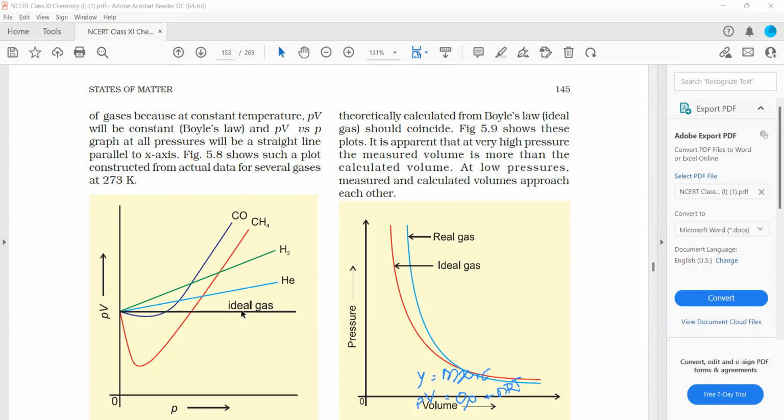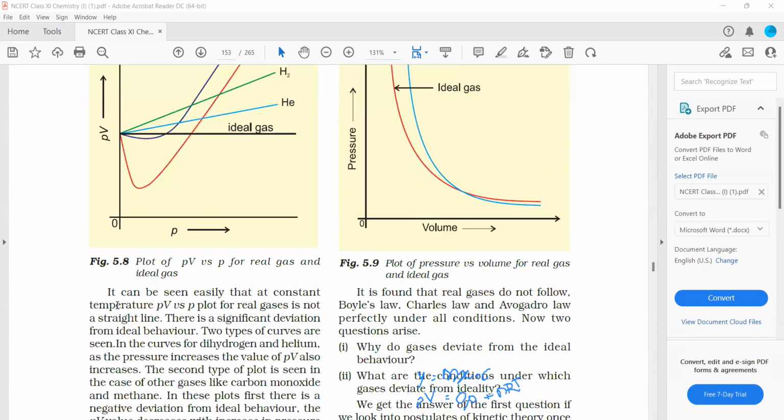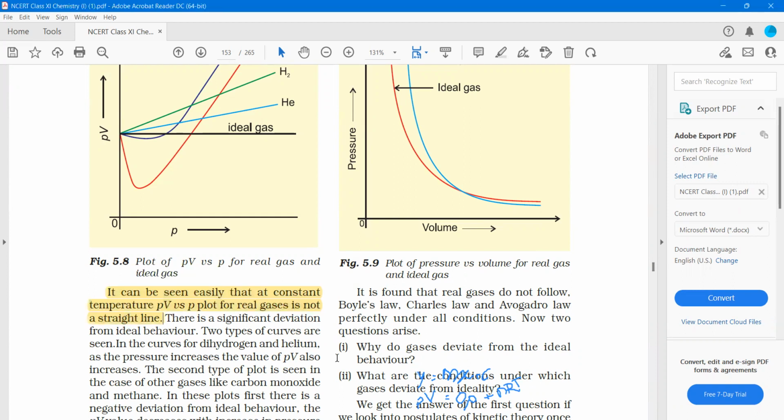It can be seen easily that at constant temperature, the PV versus P plot for real gases is not a straight line, but it should be a straight line according to this equation. That means this equation will not be followed by the real gases. There has to be some deviation, a significant deviation from the ideal behavior.